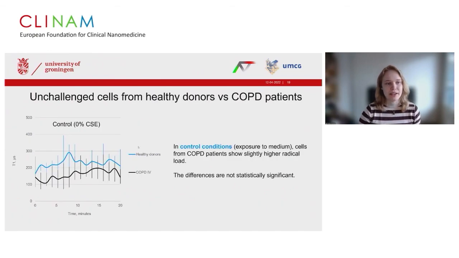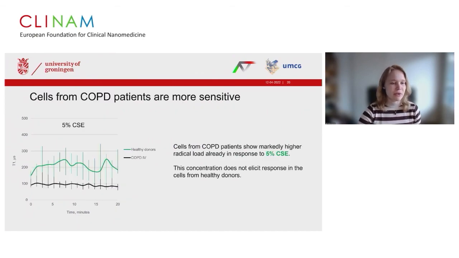Moreover, if we look at the unchallenged cells from the COPD patients, then they also have somewhat higher radical load when not exposed to cigarette smoke extract, although these differences are not statistically significant. And when we add already a very small concentration of CSE, we see substantial drop in the T1, substantial increase in free radical load at the concentration that, again, doesn't cause any response in the cells from healthy donors.